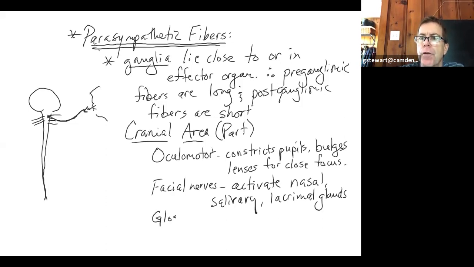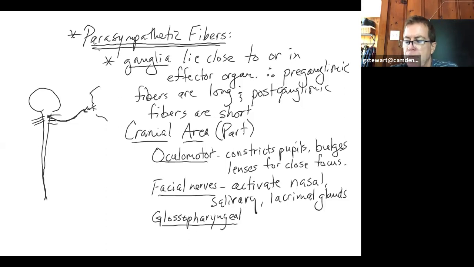There's just two more. The glossopharyngeal, or pharyngeal, however you want to say it. It's also a cranial nerve. Let's just underline these. The glossopharyngeal nerves, the reason I'm saying nerves, not just one, is because there's always one on the right and one on the left emanating from the spinal cord.